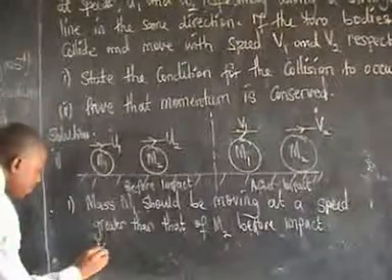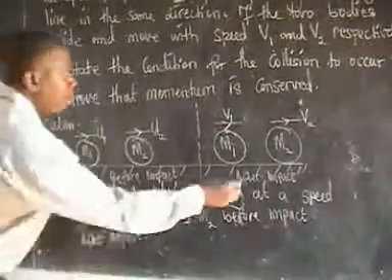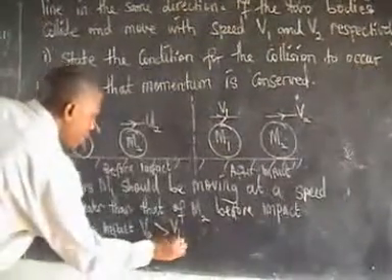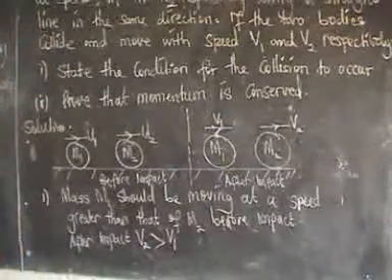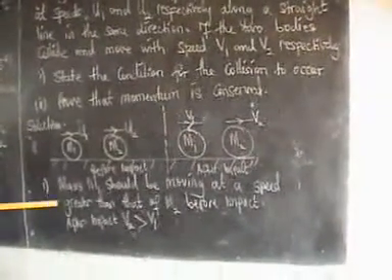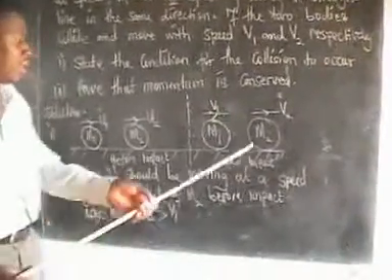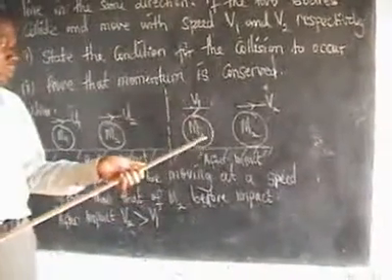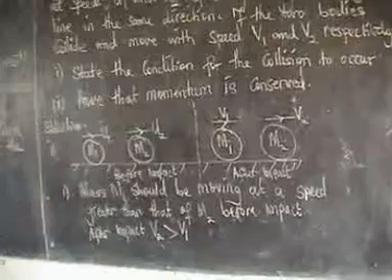So after impact, v2 is greater than v1, and we are assuming that these bodies continue to move along the same line. So that is the condition. If v2 is less than v1, then these two bodies will collide again. So for this case, we are assuming that the two bodies don't stick after impact. They continue moving, but with different velocities.